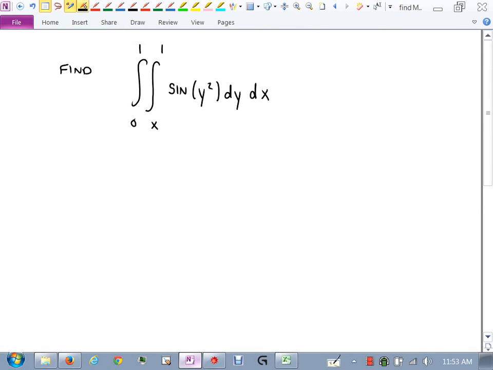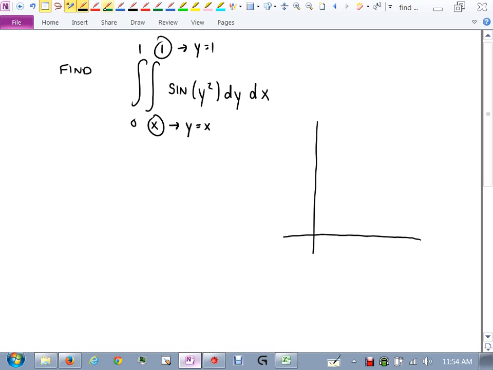So what I'm going to do is use the limits of integration to draw my region. What is the region of integration in this problem? Well, what type of region is this? Since my dx is the outer integral, my x is between 0 and 1, right? And my y values are between x and 1, right? So my top one here is really saying y is 1, and this is really saying y is x.